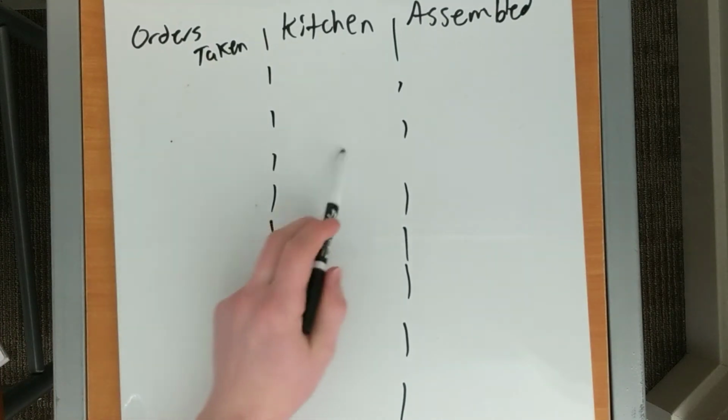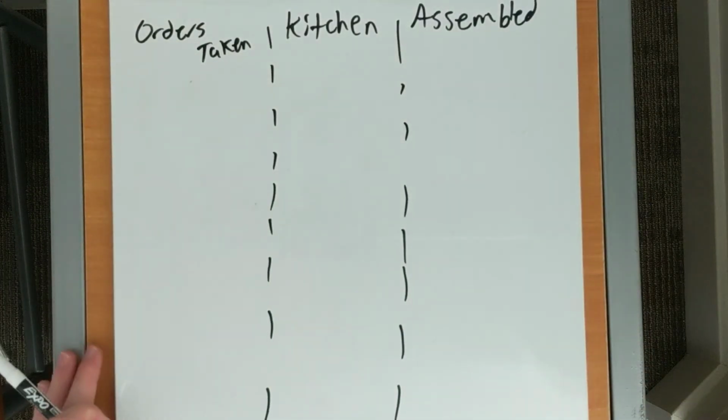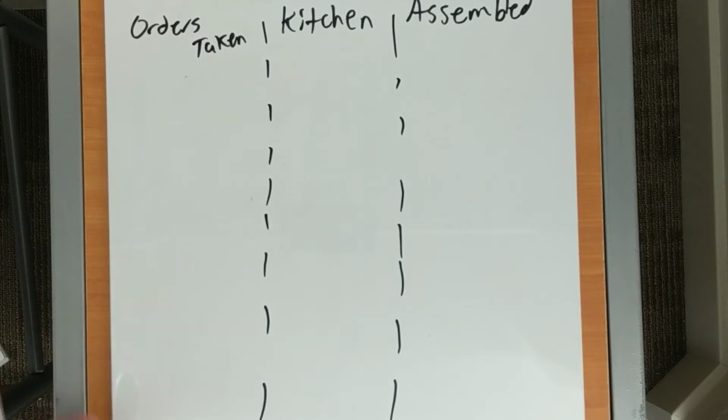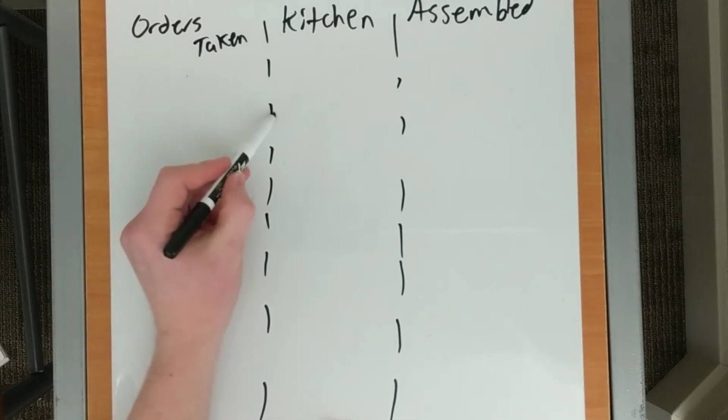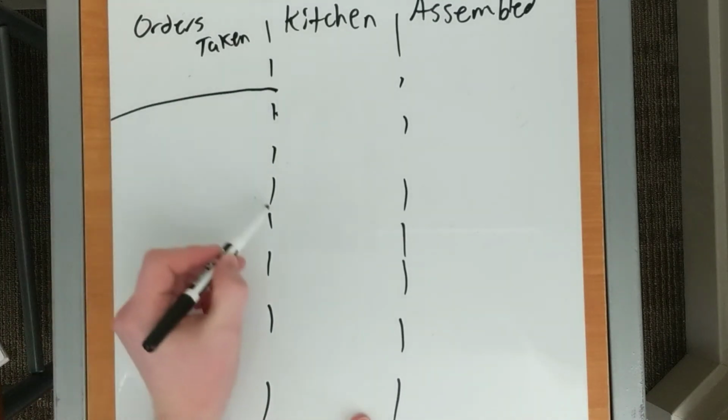Depending on where our bottleneck is occurring could have a big effect on where the waste in our system is. So let's say we have a really busy night, we're taking a ton of orders.